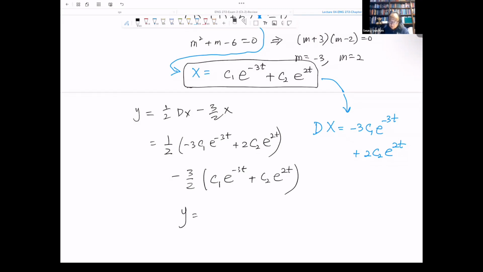y equals negative 3 over 2 C1 e to the negative 3t plus C2 e to the 2t, negative 3 over 2 C1 e to the negative 3t, minus 3 over 2 C2 e to the 2t.